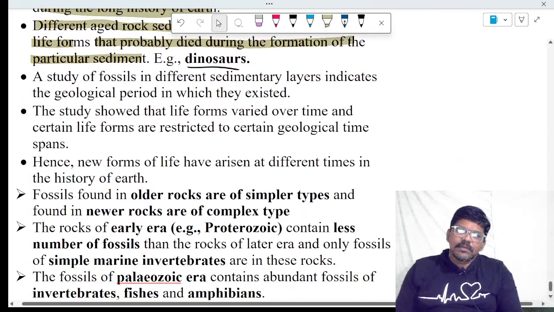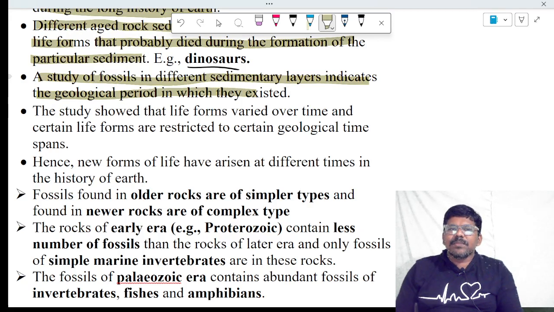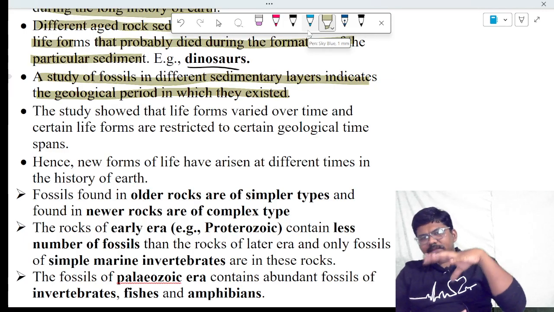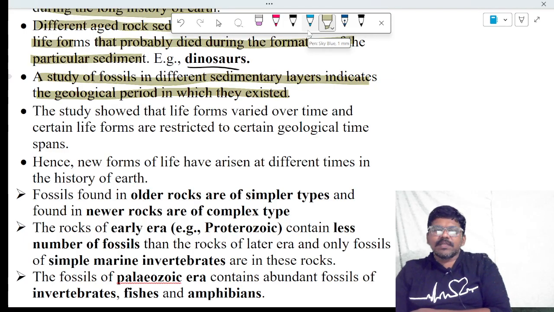Next, a study of fossils in different sediment layers indicates the geological period in which they existed. The geological time scale can be divided into different eras and periods, like Precambrian era, Paleozoic era, Mesozoic era, Cenozoic era.